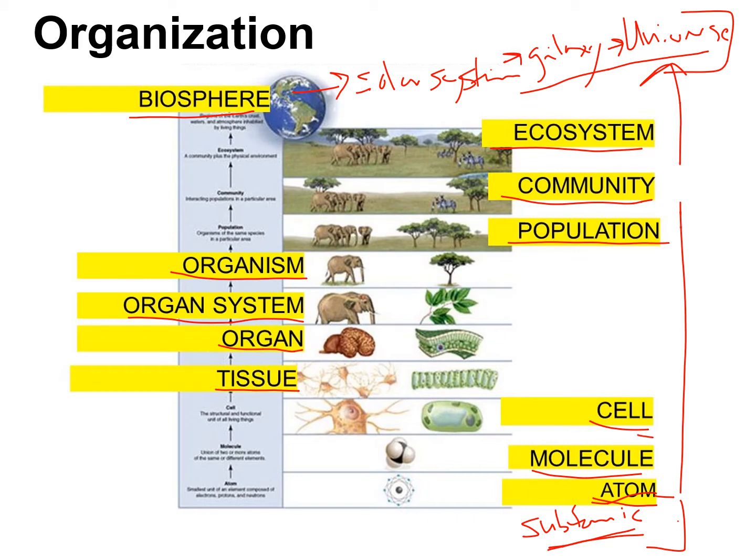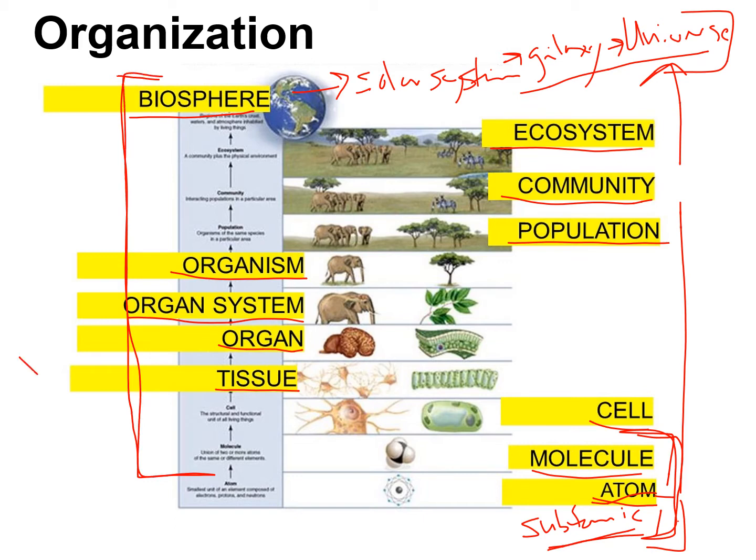Chemistry looks mainly at molecules and atoms and a little bit of subatomic particles. But this class is biology, and biology covers pretty much everything from the biosphere down to the molecular level with a little bit of atoms thrown in.